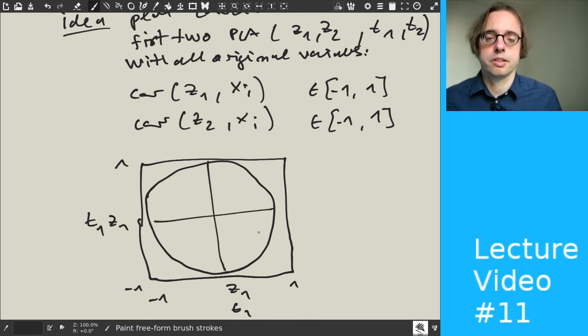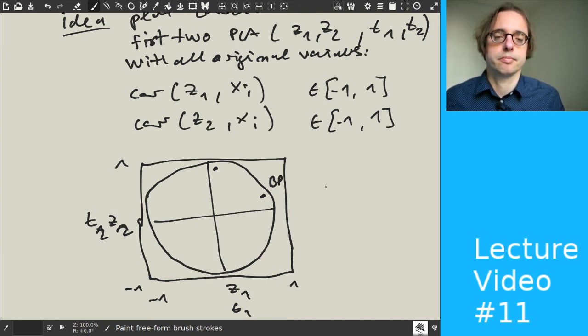So we can draw a nice plot. We have, for instance, one original variable, let's say blood pressure, that has a strong correlation with Z1 but lower with Z2, and then we have one with lower correlation with Z1 but high correlation with Z2.